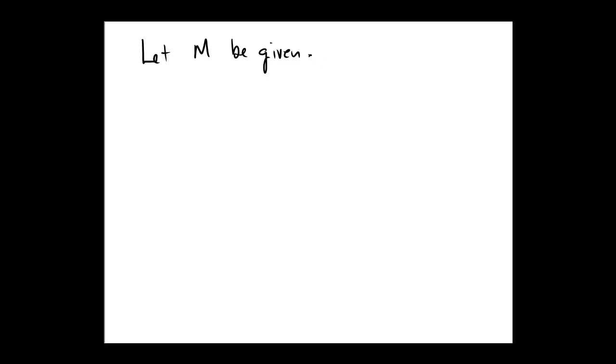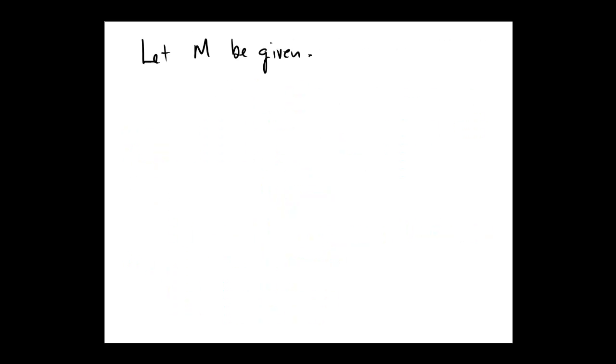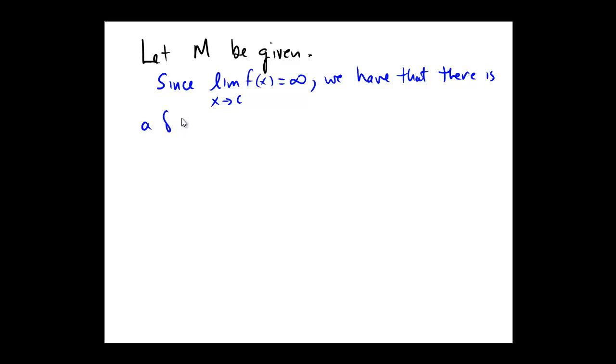Now in blue, since the limit as x approaches C of f of x is equal to infinity, we have that there is a delta greater than 0 such that f of x is bigger than m whenever the absolute value of x minus c is less than delta, because that's the definition.